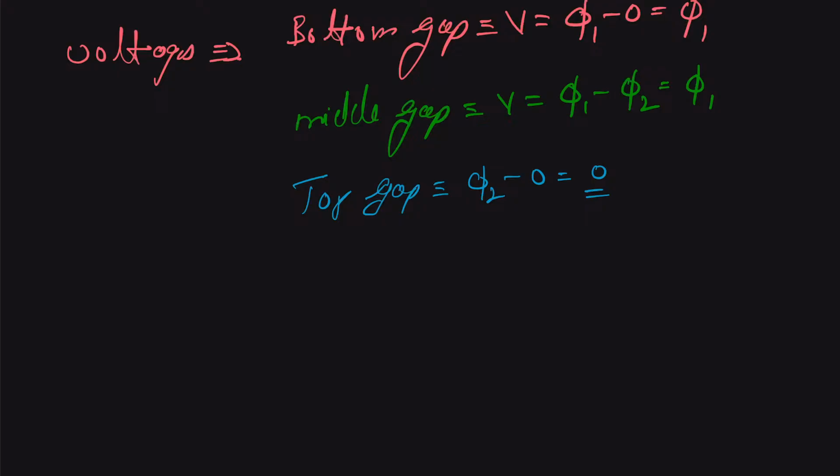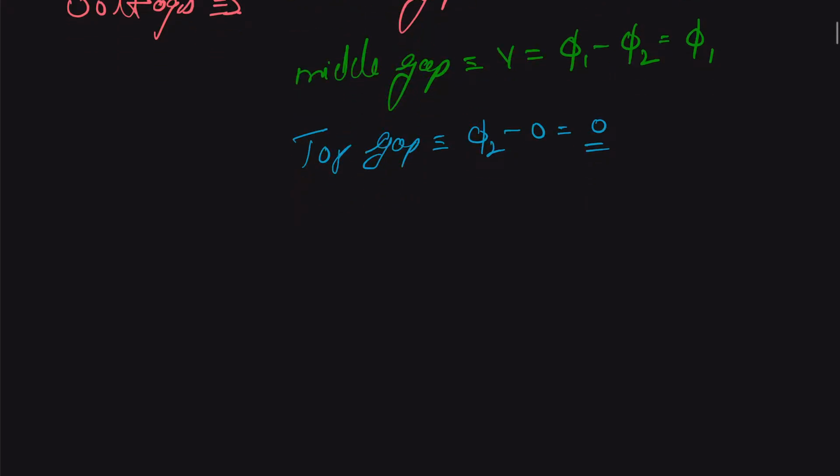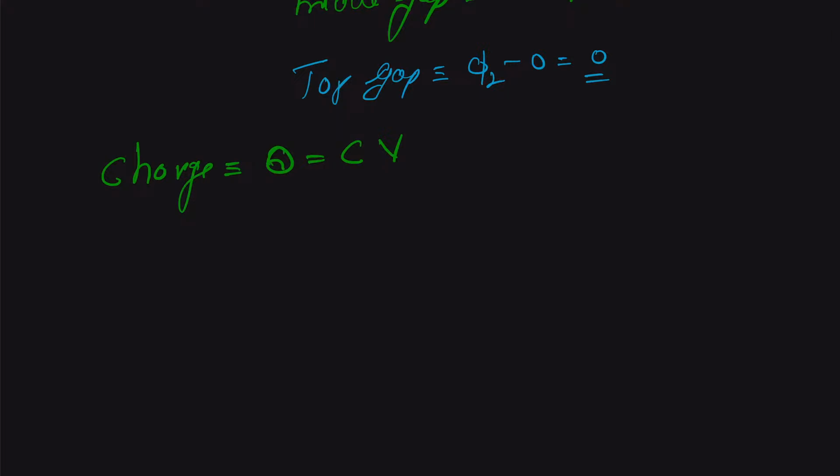Okay. And we know the basic relationship between the charge and capacitance: our charge, that's our Q, is given as our capacitance multiplied by the potential. Therefore, we can write this on plate 1 from the bottom gap.